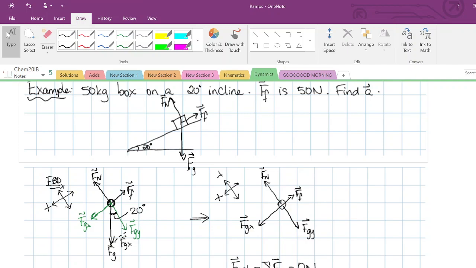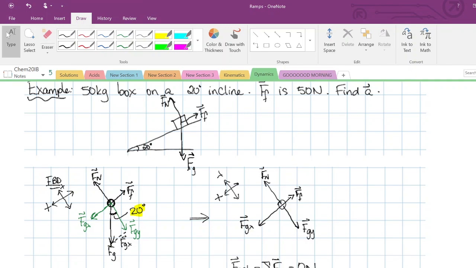Now, I actually said I hadn't drawn it separate, but I have. So here's my free body diagram. The thing for you to note is that if this angle is 20 degrees, then the angle between my y-axis and my gravity is also 20 degrees.